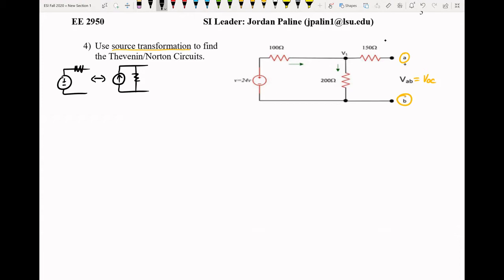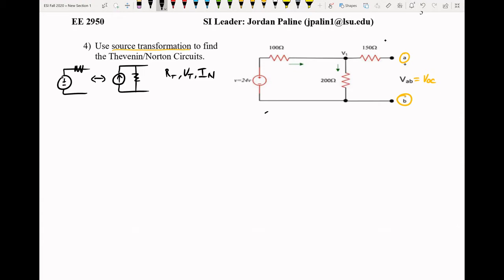So if we want to determine R-Thev, V-Thev, then I Norton, what we can do is come in here and say, okay, let's go and find R Thevenin first, just for the sake of getting it done real quick.